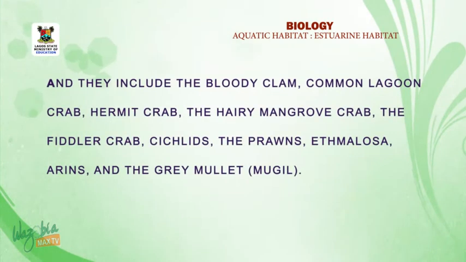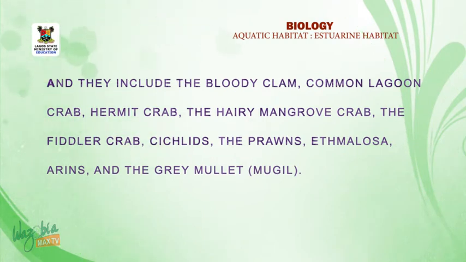They include the bloody clam, common lagoon crab, hermit crab, the hairy mangrove crab, the fiddler crab, cichlid, the prawns, Ethmalosa, herrings, and the grey mullet. All these are examples of the animals that are found in the estuarine.